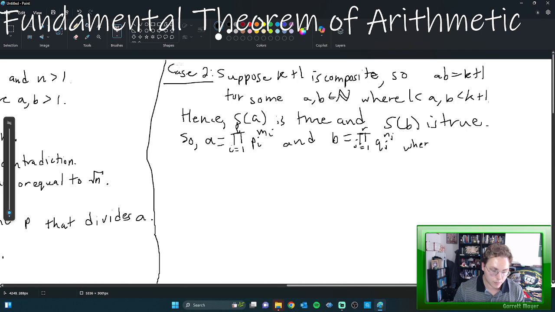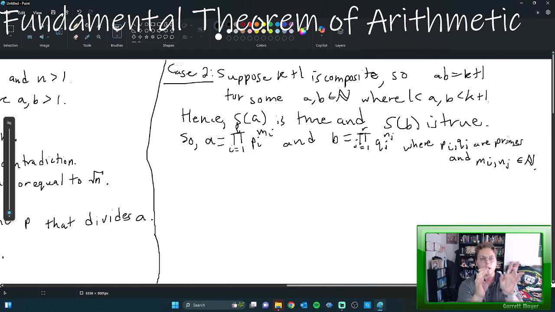Where the p_j, q_j are primes and the m_j, n_j are naturals. So it's just showing that A and B both have prime factorizations because SA is true, SB is true.